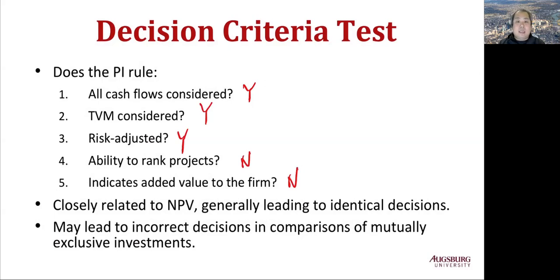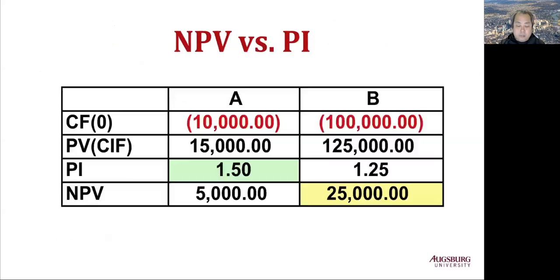Profitability index is very closely related to NPV, generally leading to identical decisions. However, it may lead to incorrect decisions in comparisons of mutually exclusive projects, investments, because of ranking issues. We have examples of conflict between NPV and PI. The key issue here is the initial cost.